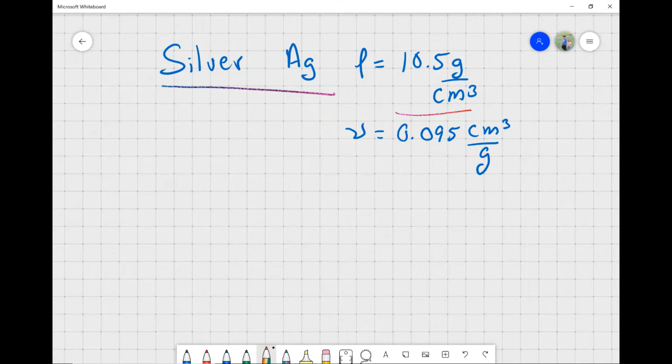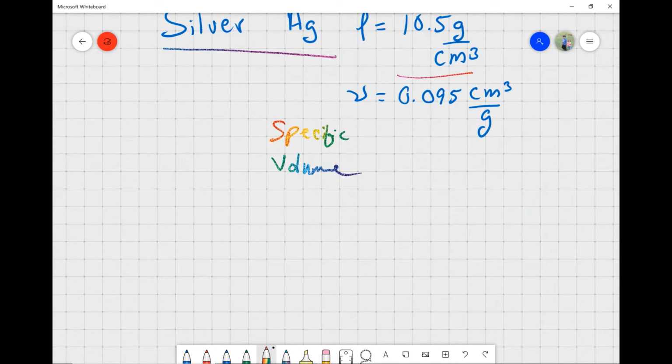The specific volume is just the inverse, so I got 0.095 cubic centimeters per gram.